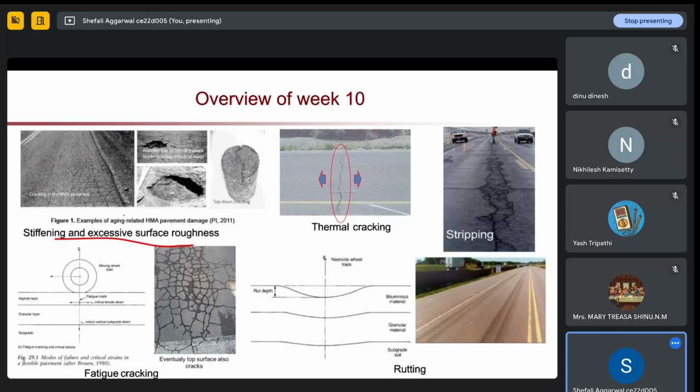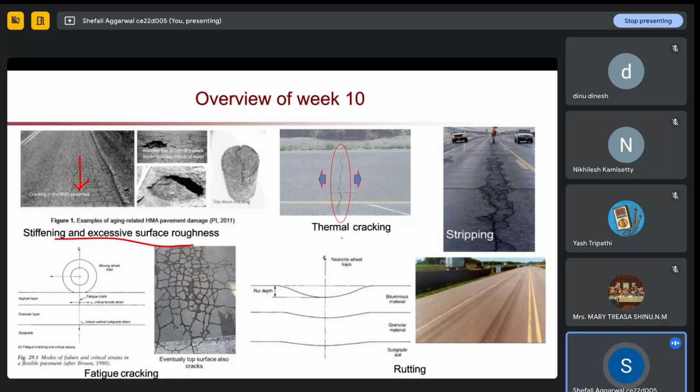With time your bitumen will become very dry and lose its viscosity, and because of drying it will lose the bonds between the aggregates. When that bond is broken, you can see some cracking in your pavement. That is the first type of damage in a flexible pavement.